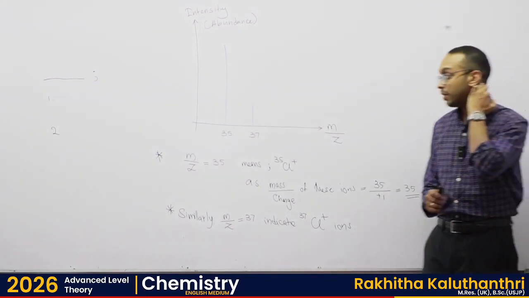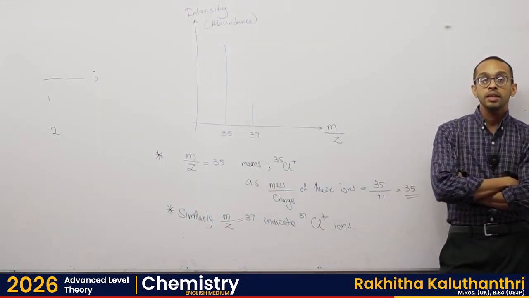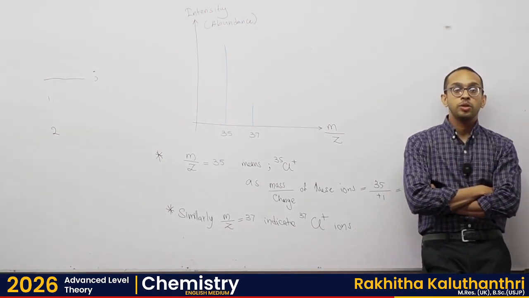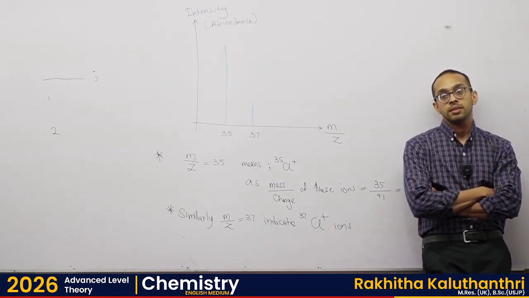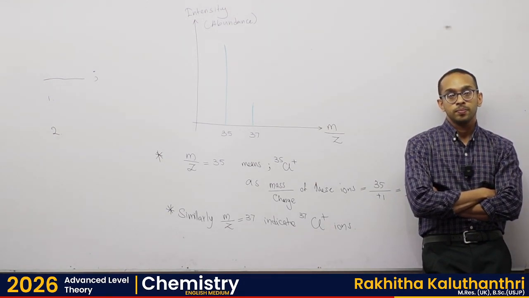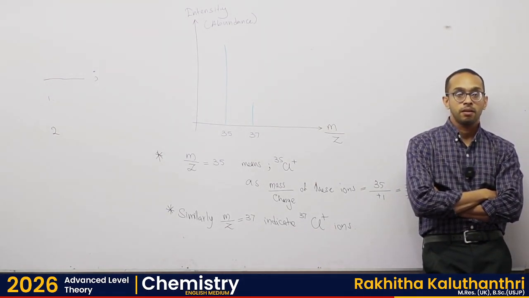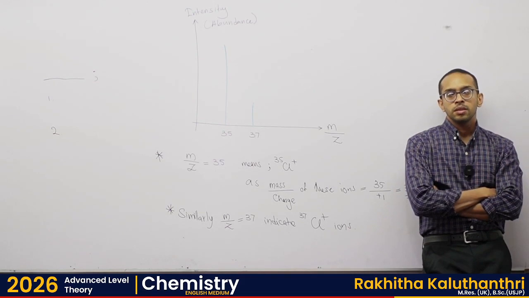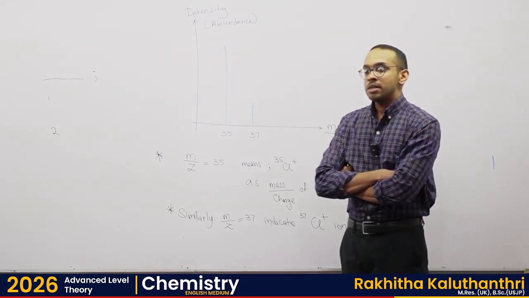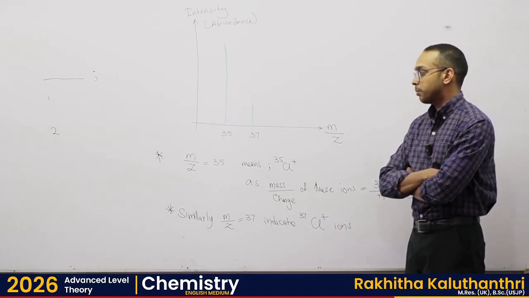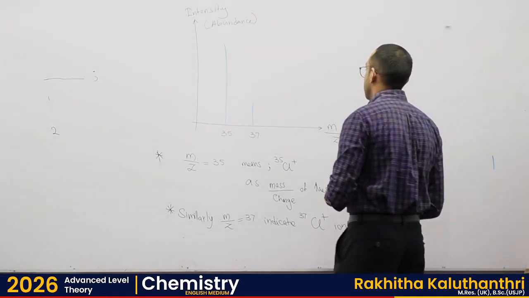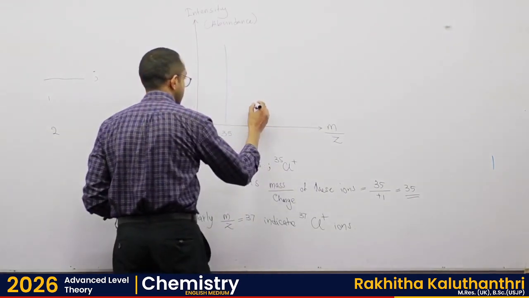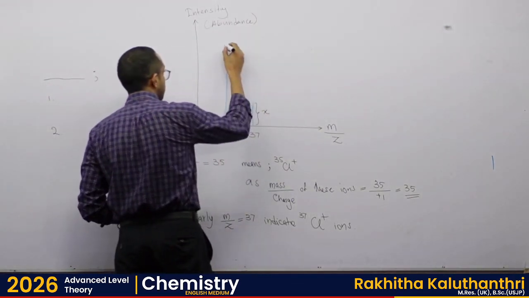The ratio between the heights of the peaks can be used to determine their abundance. So as an example, you can write this.